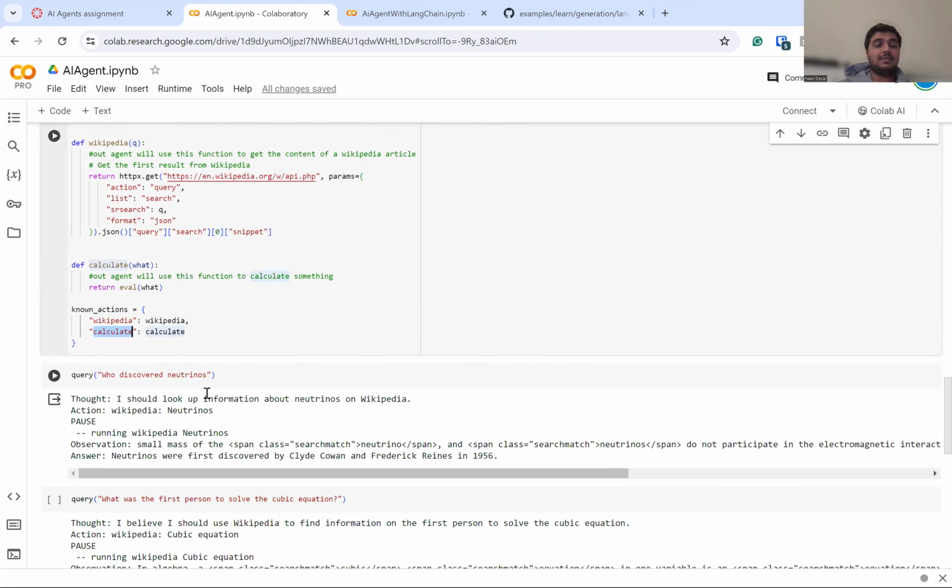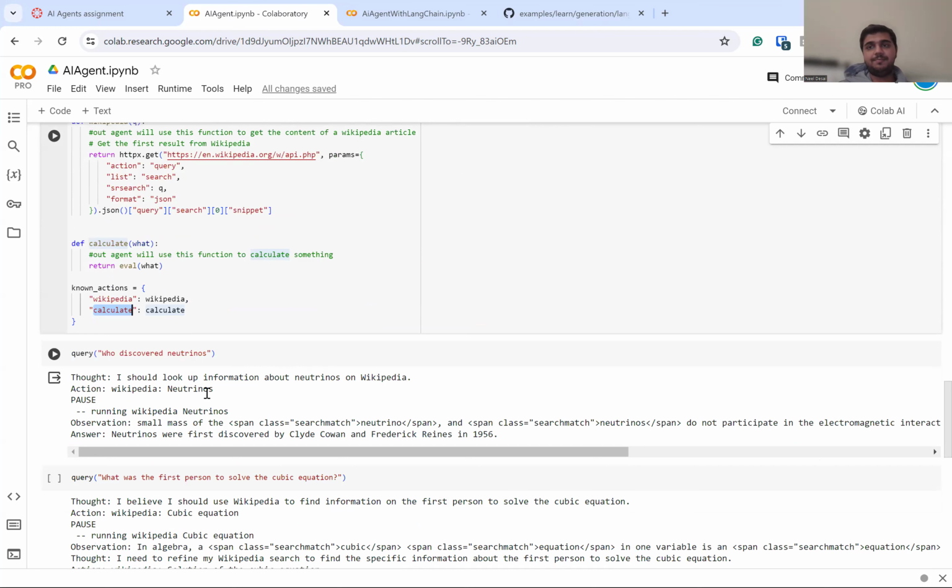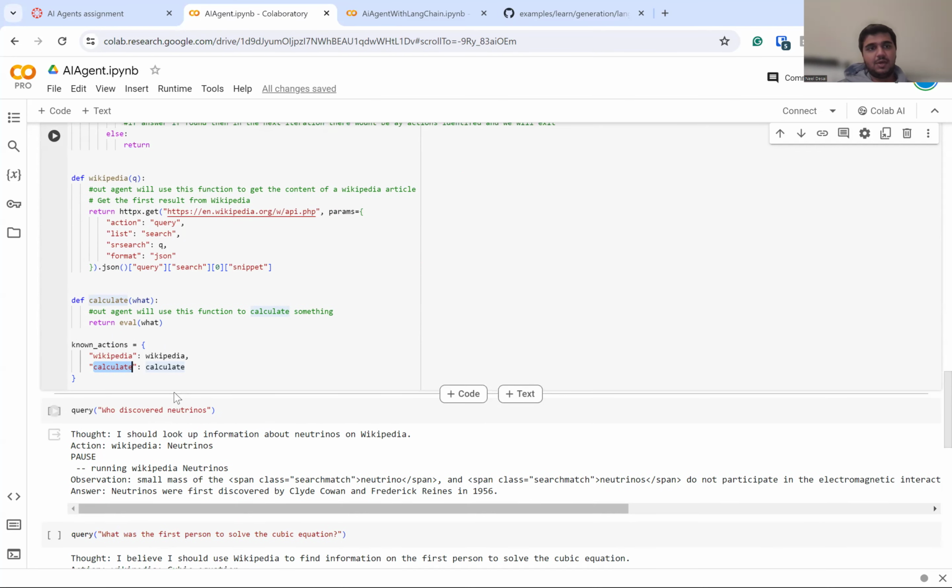Now let's look at an example. I want to ask GPT who discovered neutrinos. Now, these are subatomic particles. GPT looks at it and realizes that the action it has to perform is Wikipedia. And what should it search for on Wikipedia? If you look, the query q is the topic which you want to search.